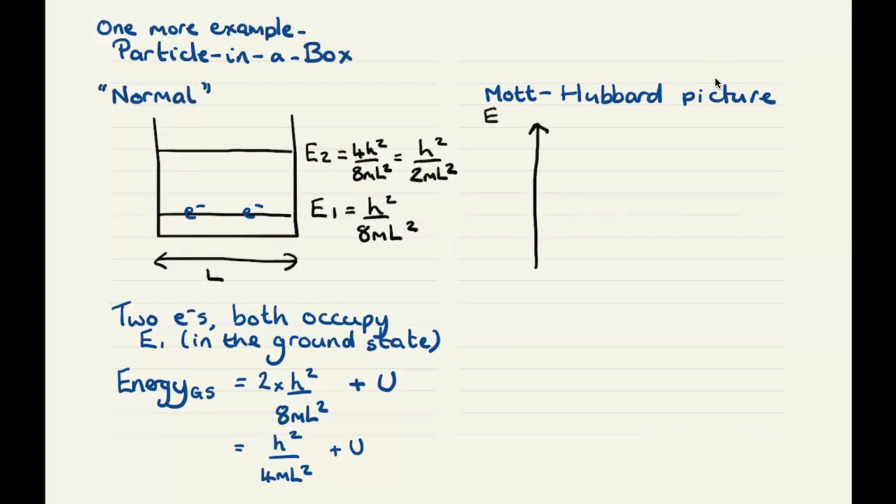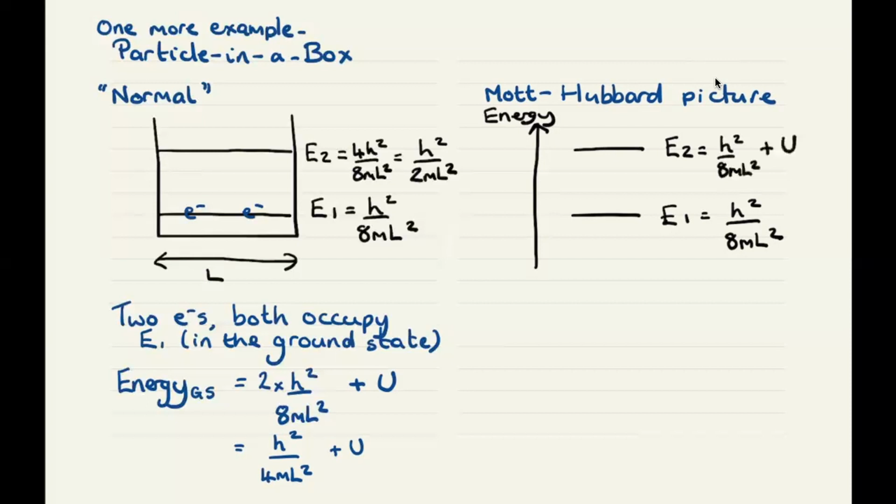So the energy level for the first electron, E1, is the same as it was previously, h squared over 8mL squared. The energy of the second, E2 in this picture, is h squared over 8mL squared plus U.